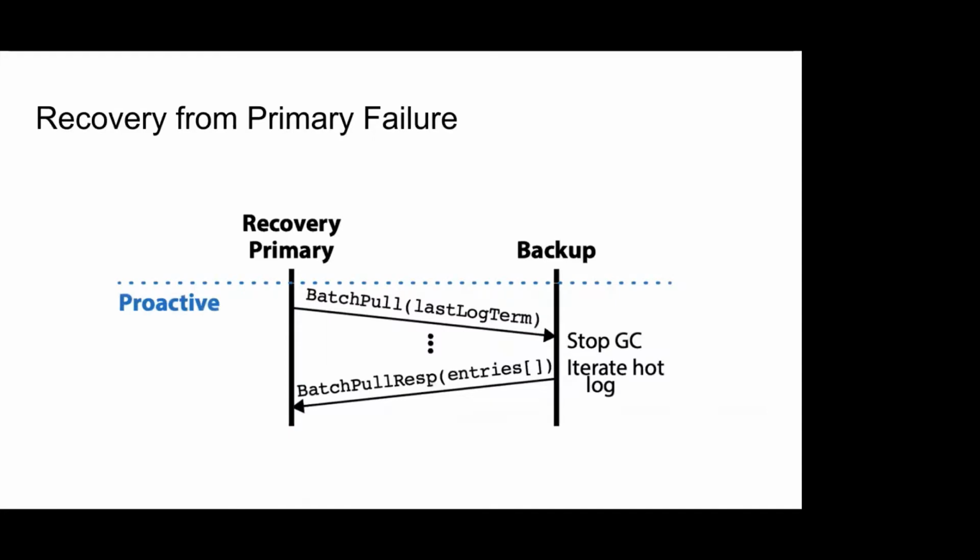Because they want to speed up recovery, they have made a few changes to how things work. One of those things is proactive recovery. Before the primary actually fails, the recovery phase starts long before the actual failure happens. It's called the proactive recovery phase. In this phase, they detect this by using soft and hard timeouts.